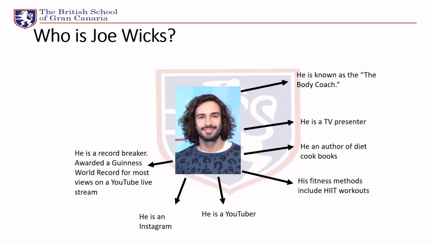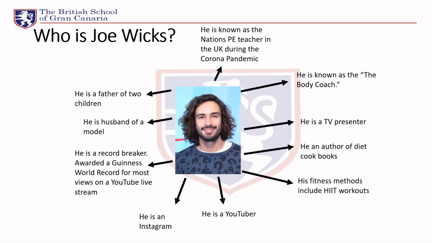He was awarded remotely the Guinness Book of World Records for the most views on a YouTube live stream, where he was teaching children PE while they were at home in lockdown. He's the husband of a model. He's the father of 2 children. He's known as the nation's PE teacher in the UK during the corona pandemic. Okay?